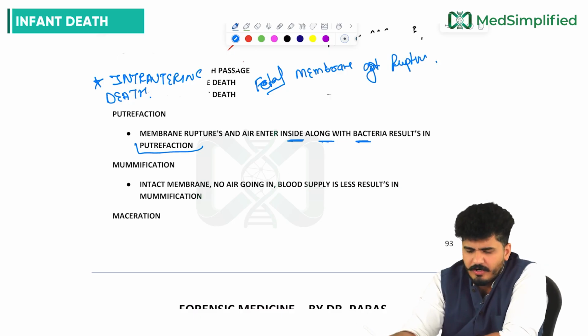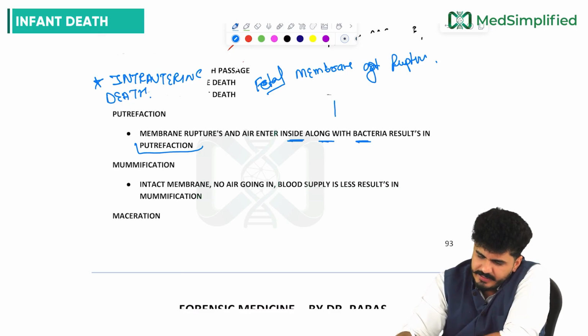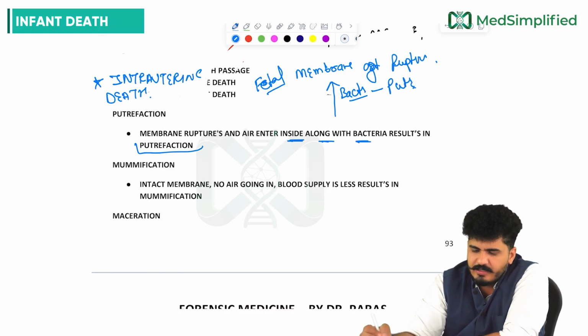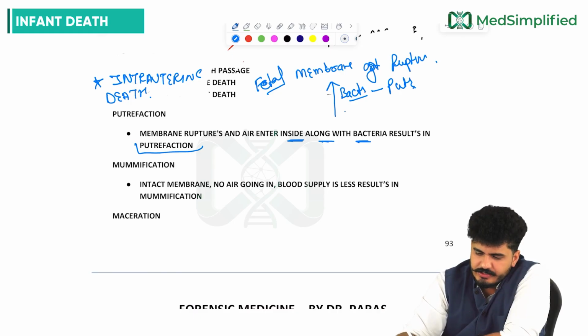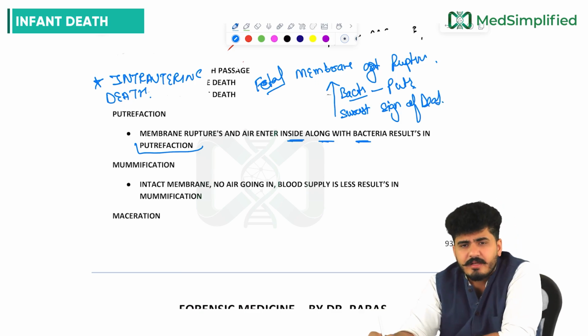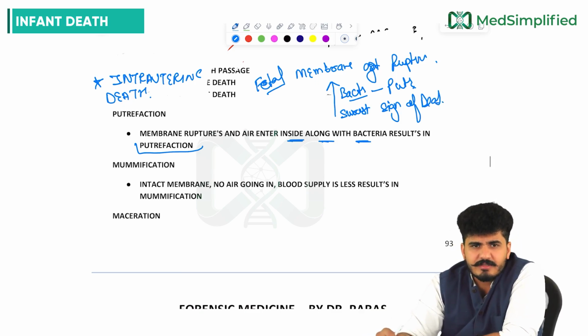When the fetal membrane got ruptured, my dear friends, the bacteria entered, and because of the bacteria there was putrefaction, and we all learned putrefaction is the surest sign of death, my dear friends.